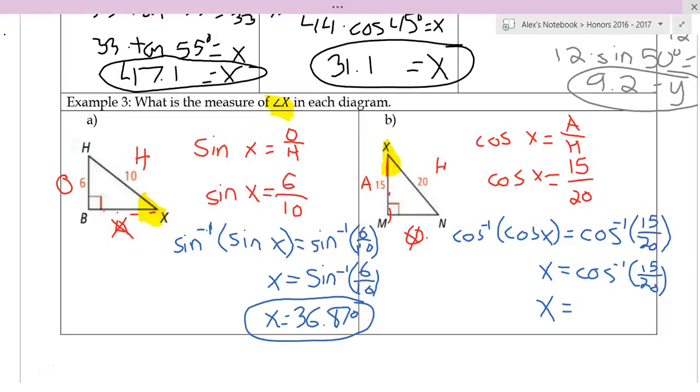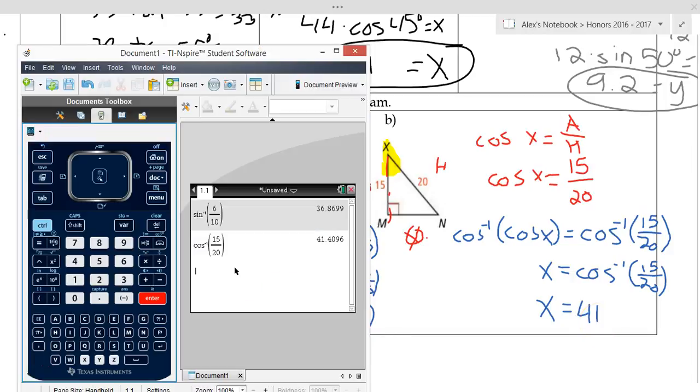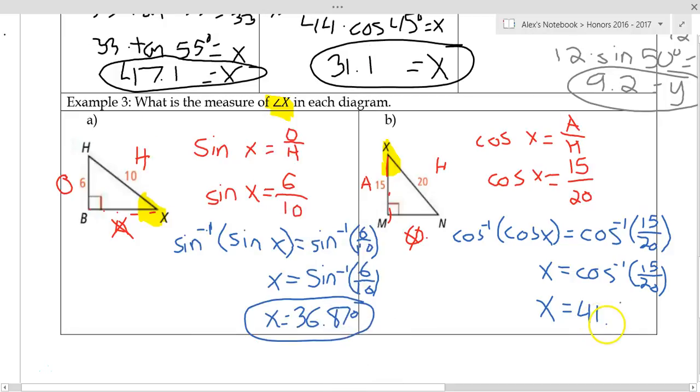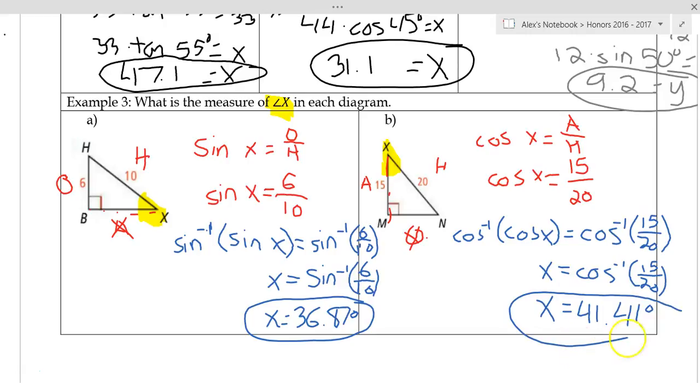Let me write that better. 41.41, we'll say. And that is our answer, and that's all there is to solving for angles.